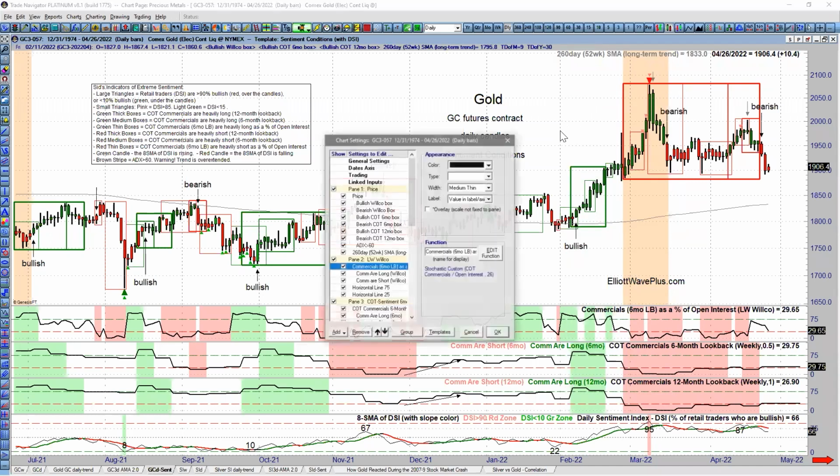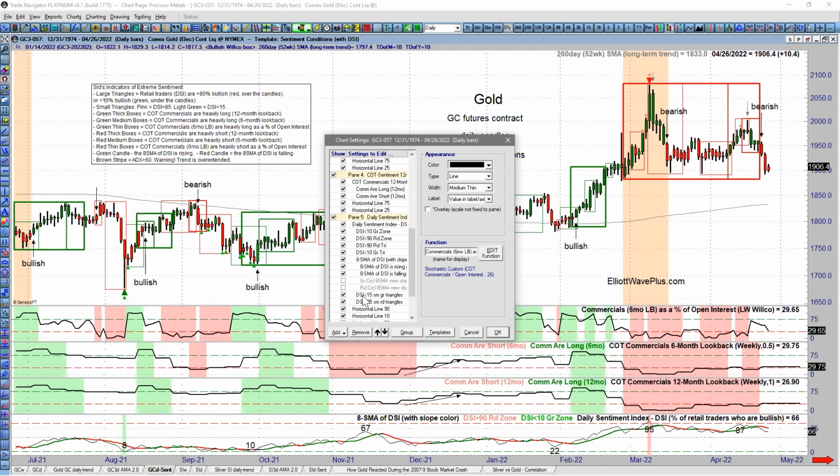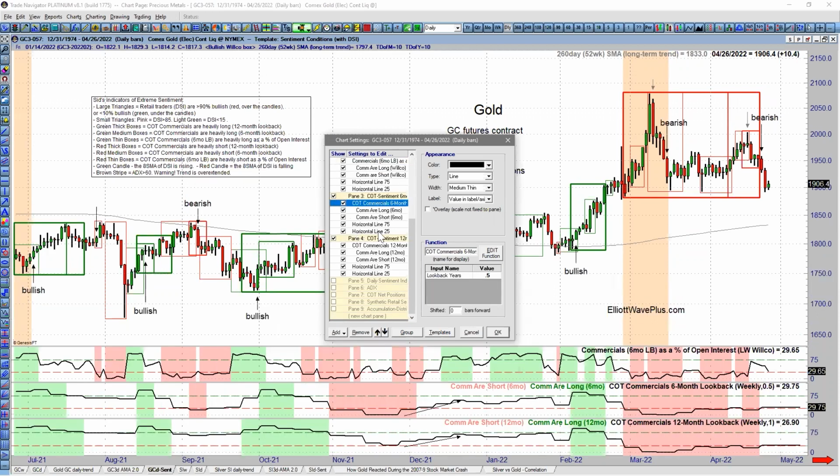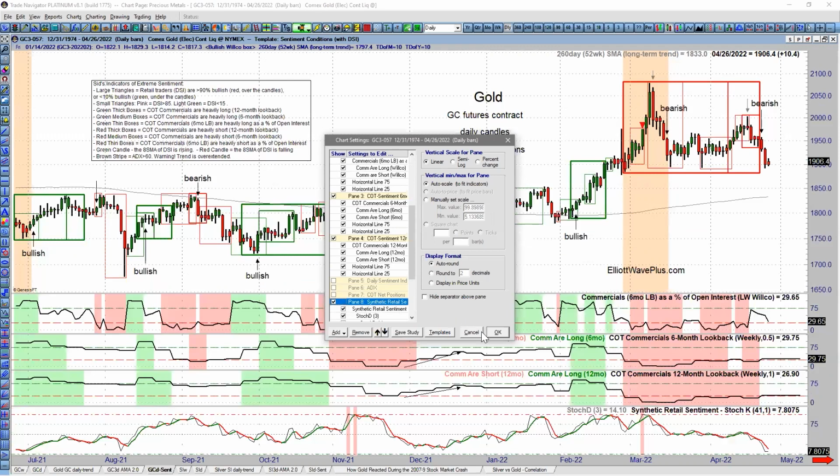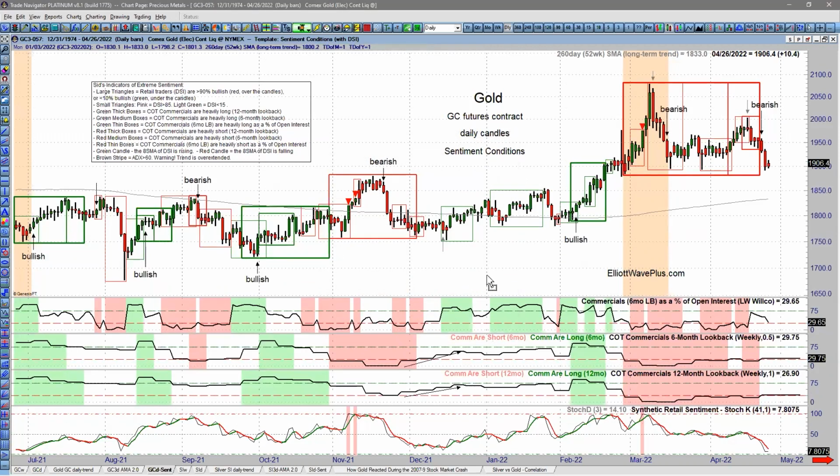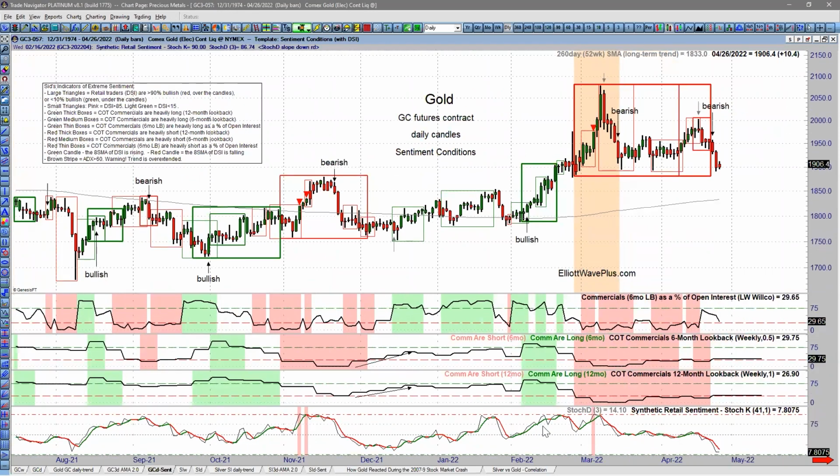I'll show this to you by taking the daily sentiment index off the chart. I'm going to put my synthetic retail on the chart. So this is my synthetic retail sentiment indicator.